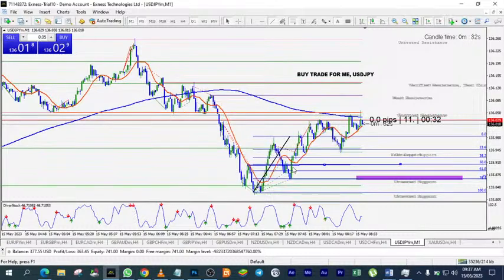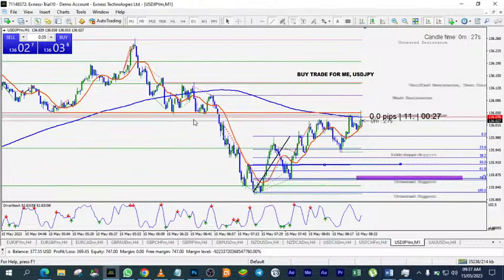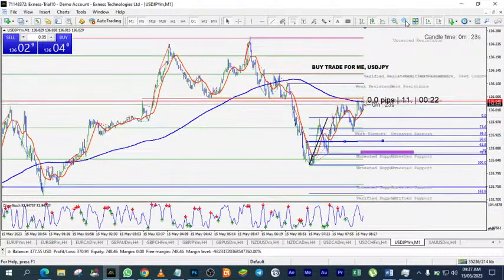Okay, so let's move on. That's a buy trade for me if I'm looking at the Euro USD. And yeah, so that's about that.